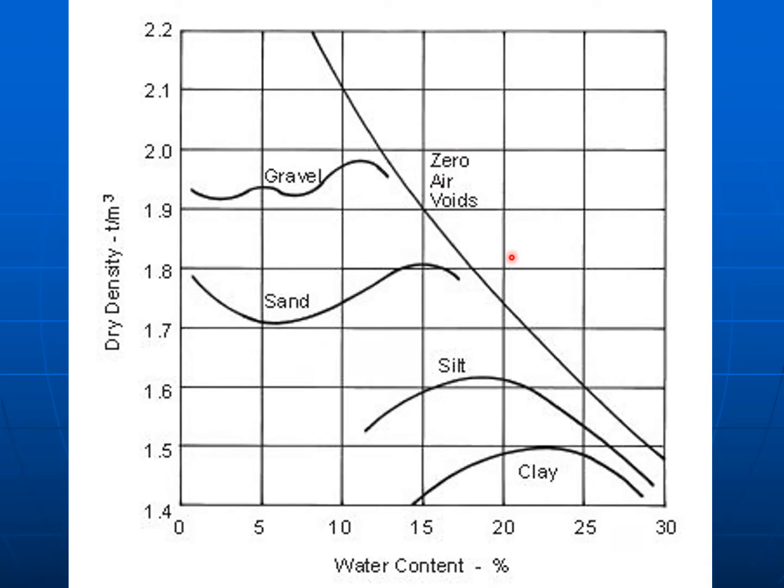Well, if you look at that, in the case of pure gravel, you have the shape of the compaction curve like this. In the case of pure sands, we have the shape of the curve like this. And in the case of silt and clay, we have the shape like that. And this is the zero air void line, which is a theoretical line.